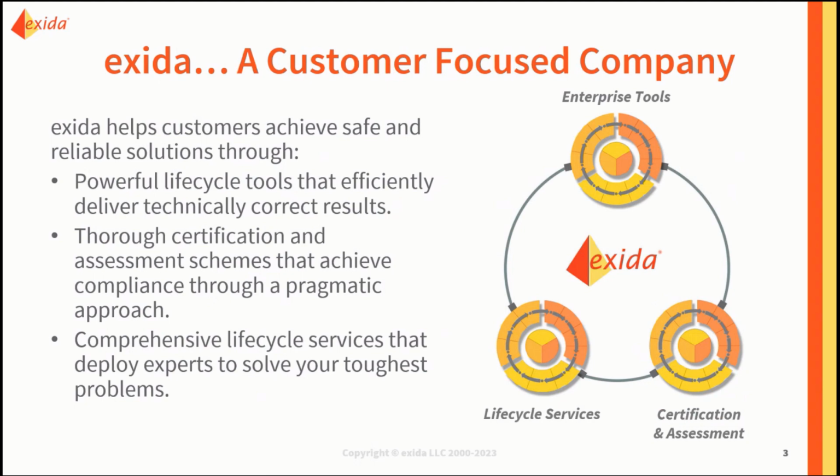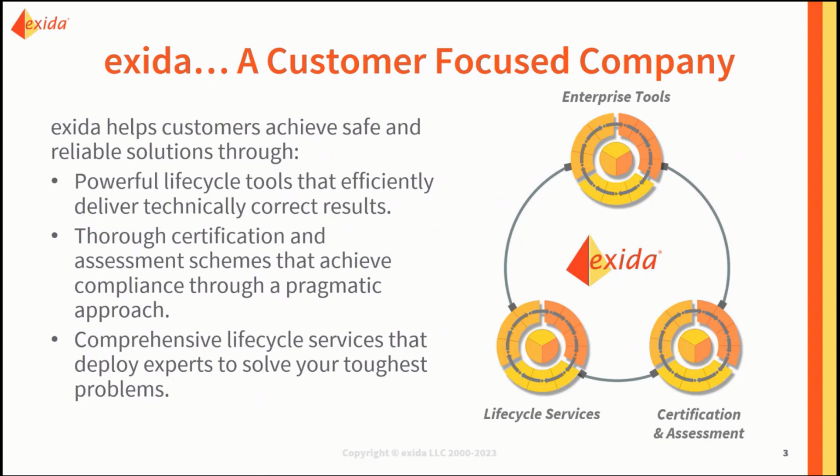I'd like to give a little bit of an overview of our company before we get started as well. So exida has three main functional groups. We create software, and we have a consulting team that help to address the different tasks of the functional safety lifecycle, as well as alarm rationalization and cybersecurity.